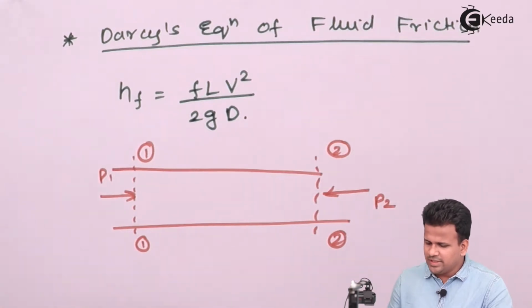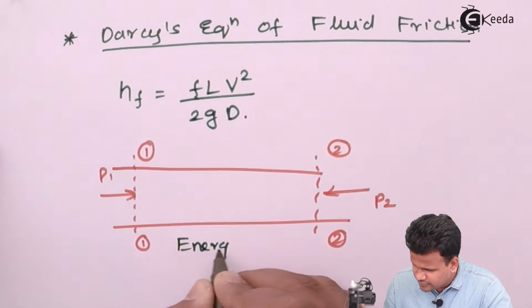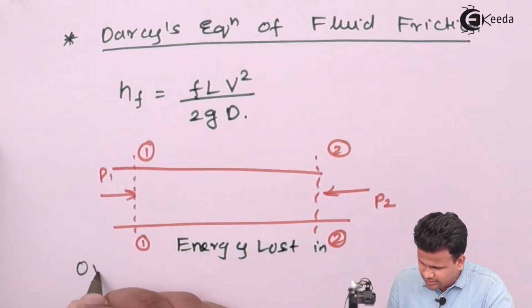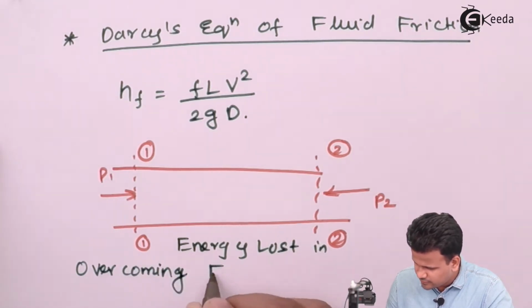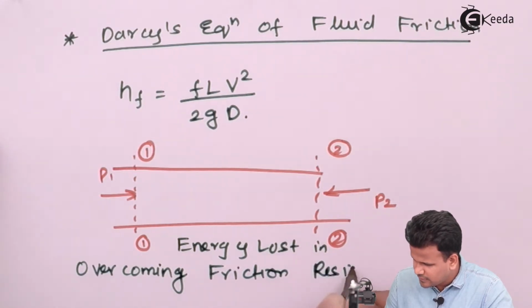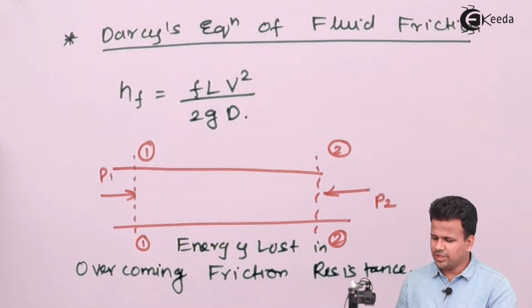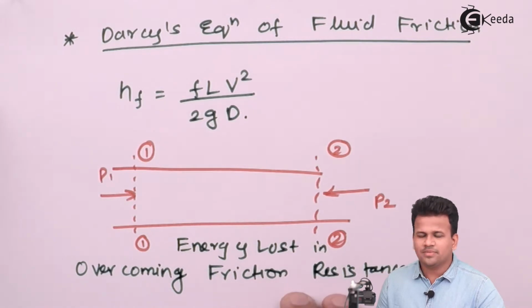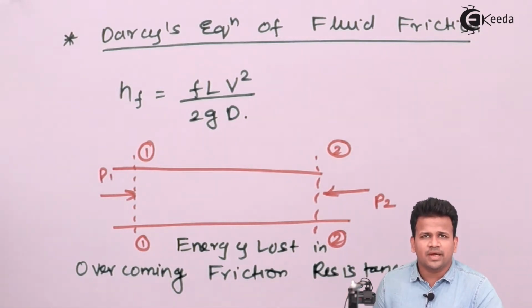Now, over here, there is some energy lost in overcoming frictional resistance. So the energy lost in overcoming frictional resistance is calculated in terms of head loss.